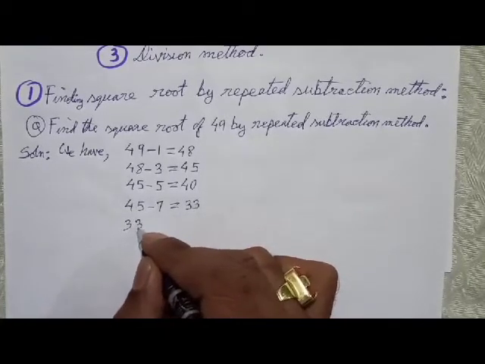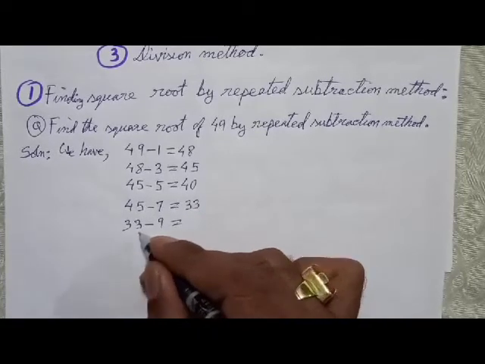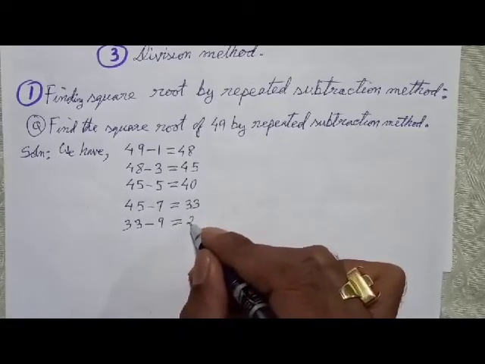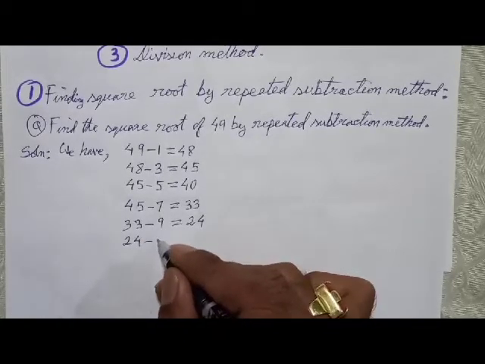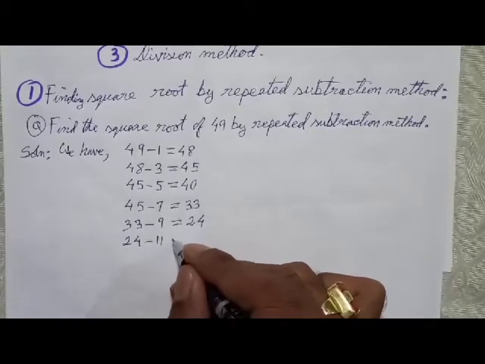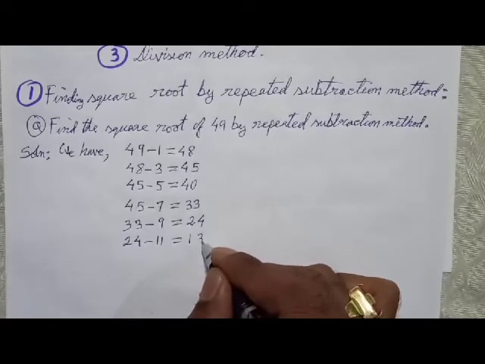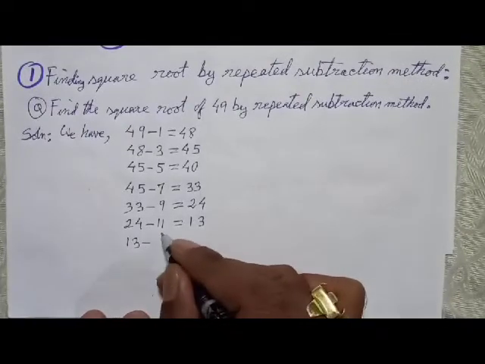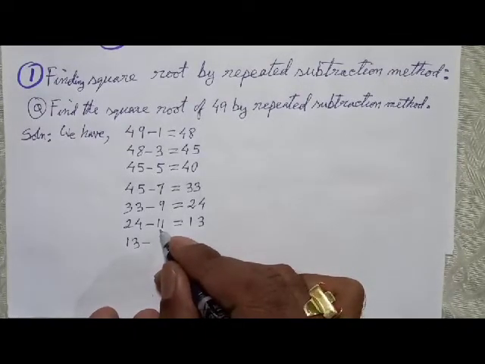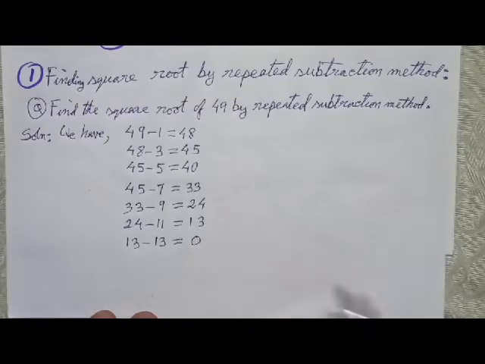Then 33 minus, after 7, the next odd number is 9. 33 minus 9 is 24. Next is 24 minus, after 9, next odd number is 11. If we subtract, we are getting 13. Then 13 minus, after this number 11, next odd number is 13. 13 minus 13 is 0.